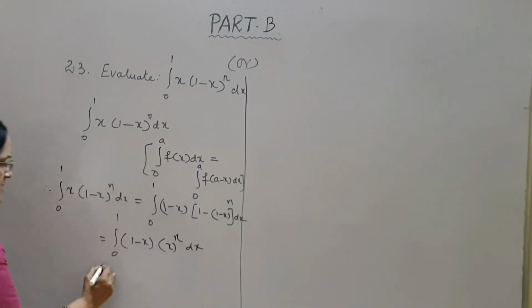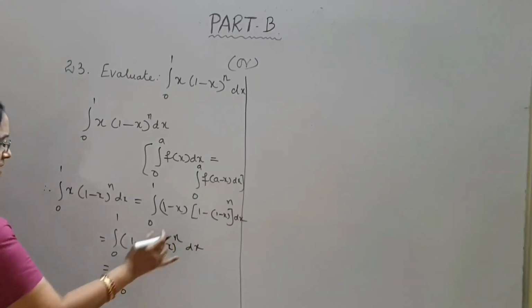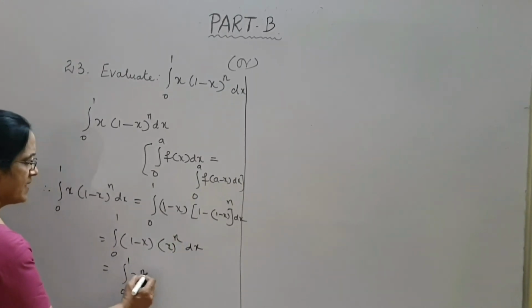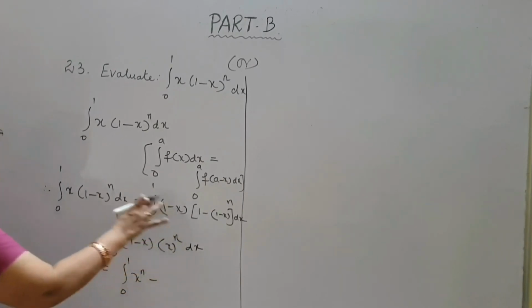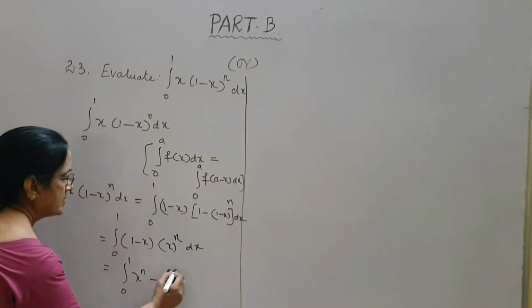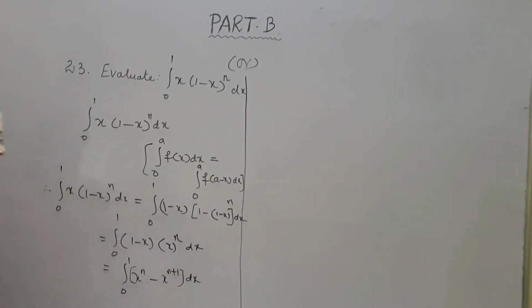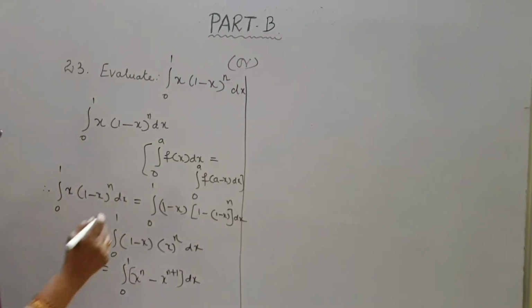This can be written as integral 0 to 1, see here 1 into x power n is x power n, minus x into x power n is x power n plus 1, dx. Now straight away we can integrate this.